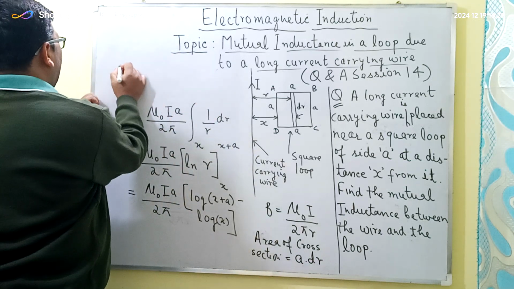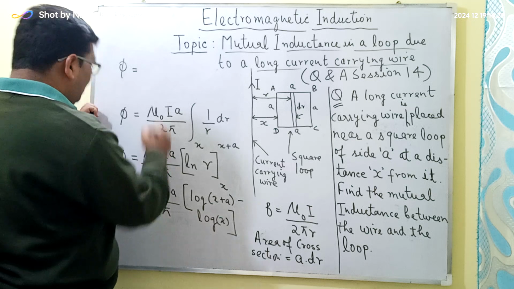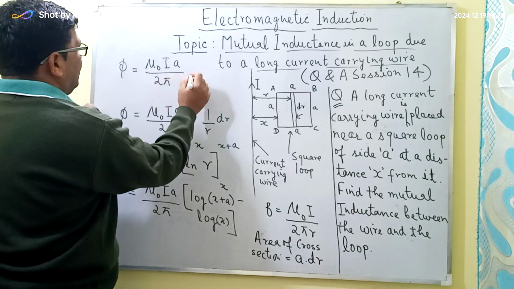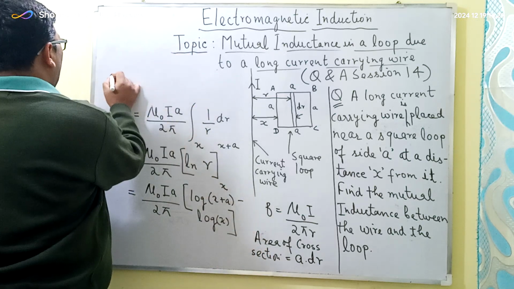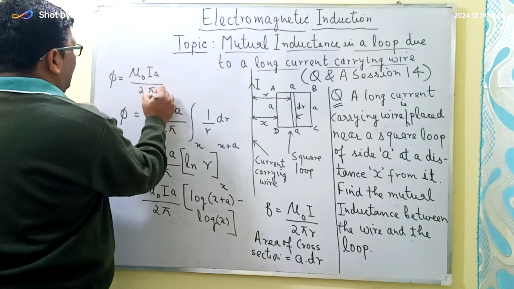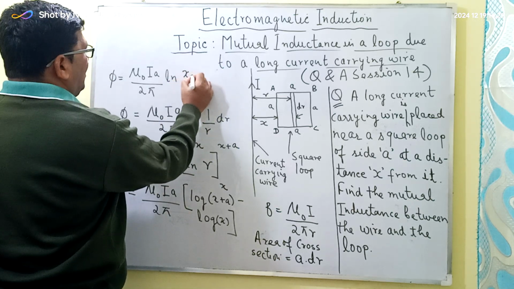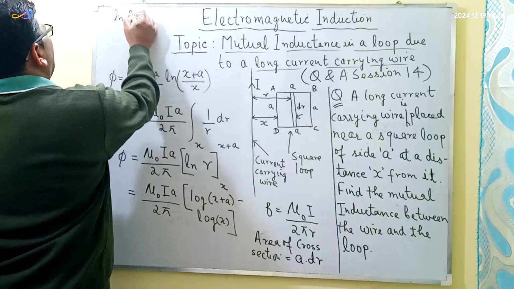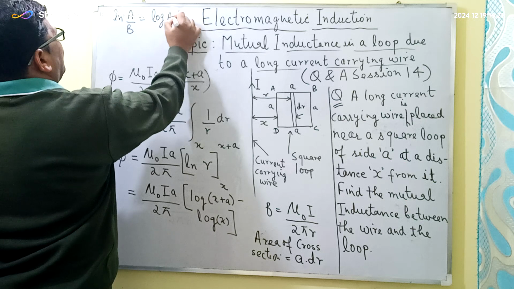So finally this equation can be written as, that is the magnetic flux linked with the square loop of side A will be equal to mu naught I a upon 2 pi, and this will be equal to the natural logarithm x plus a divided by x, because we know that log a upon b is equal to log a minus log b.